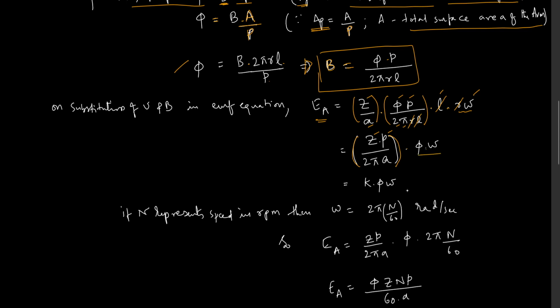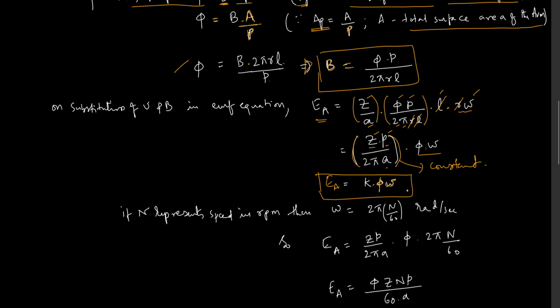If you notice here, Z is the number of conductors on the armature, P is the total poles on the machine, 2 pi, and A is the number of parallel paths in the circuit. So all are constant values, and I can write this EA in general as K into phi omega.